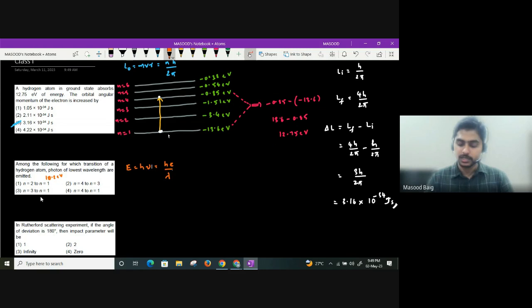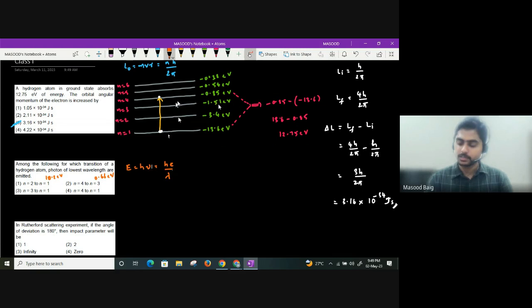When it is making a transition from 4 to 3, how much will it be? 1.51 minus 0.85, so you'll get 0.66 electron volt here.